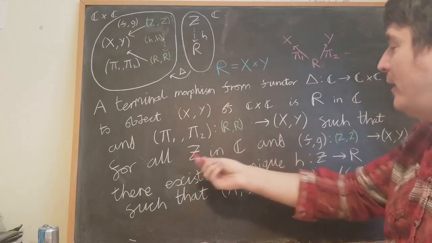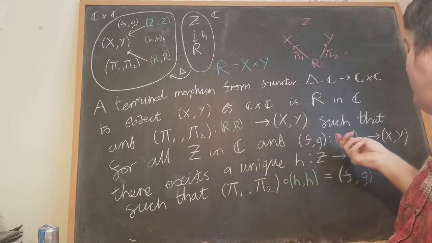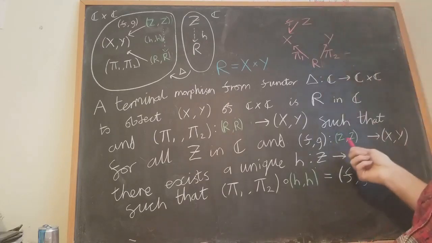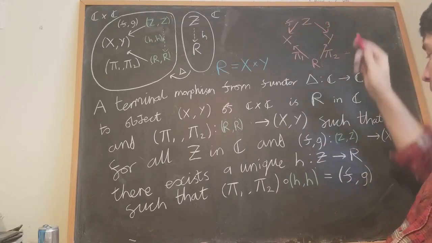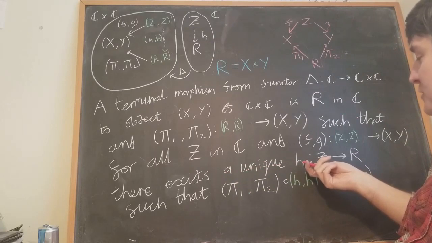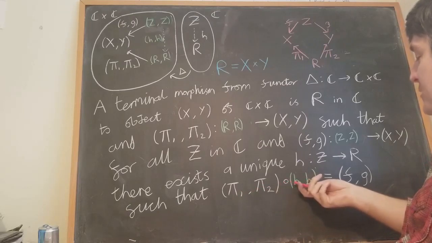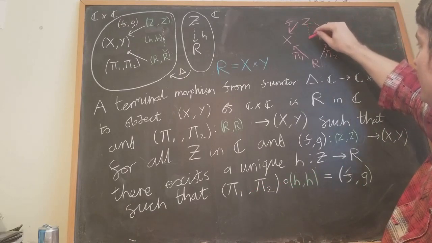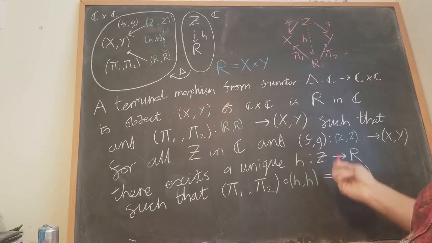And it's such that for any z which has an arrow f from z into x and g from z into y, there's going to exist a unique h such that pi1 after h equals f, and pi2 after h equals g.